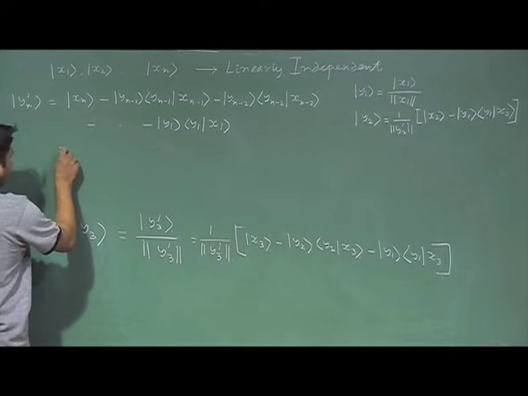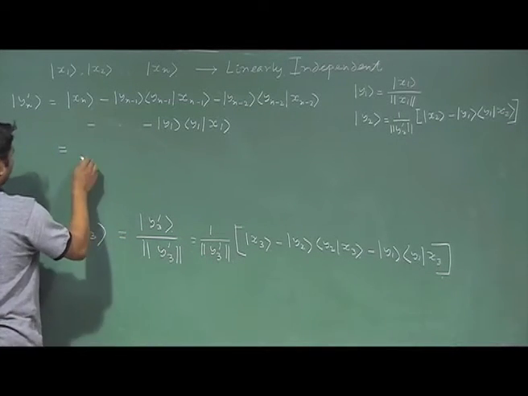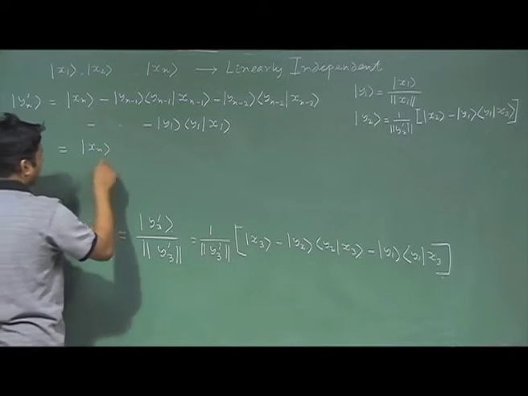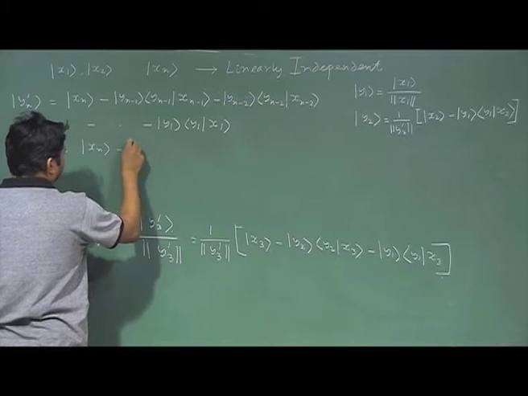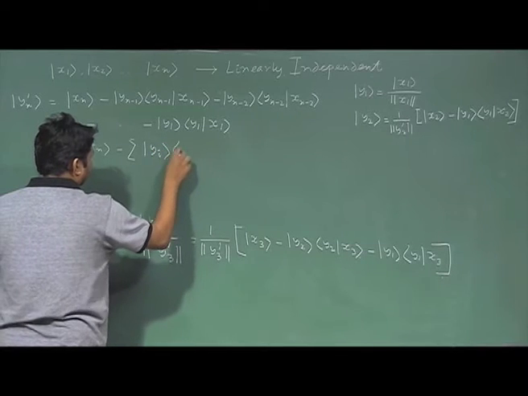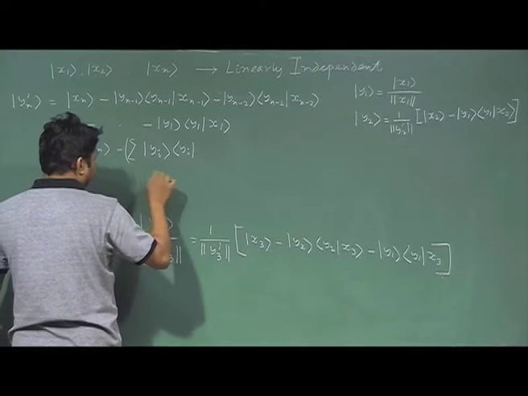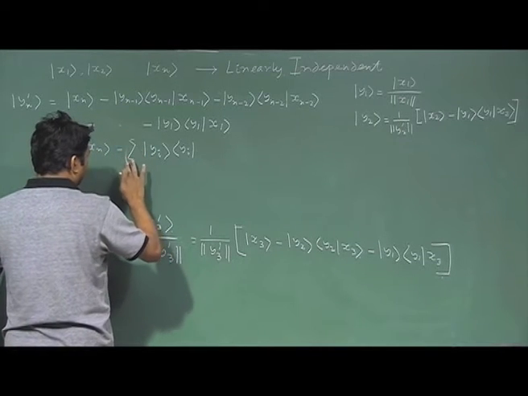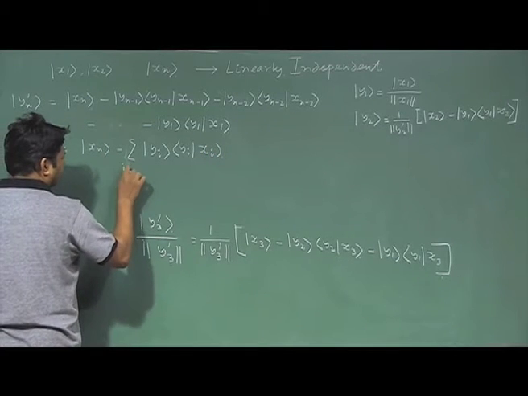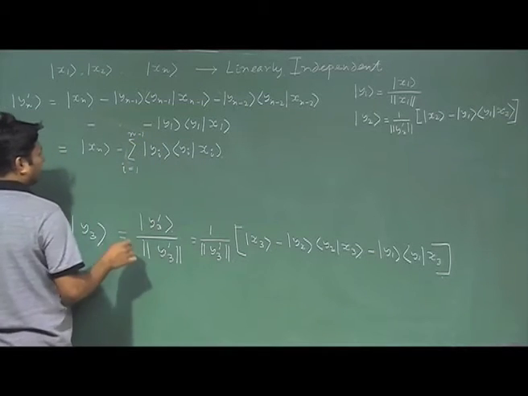Now, I can write this in a more convenient way in the summation form. It will be just xn minus the summation of yi xi, i going from 1 to n minus 1. This is a compact form.